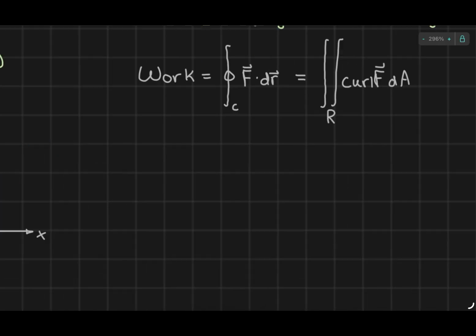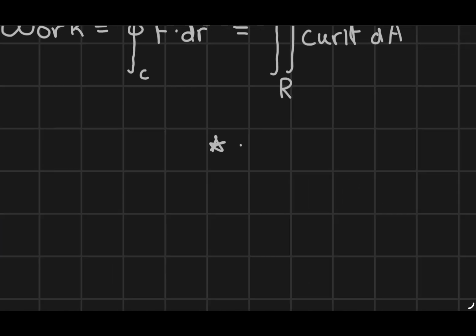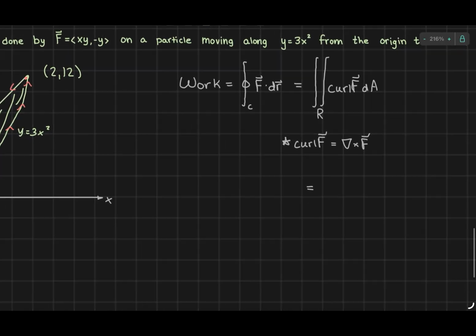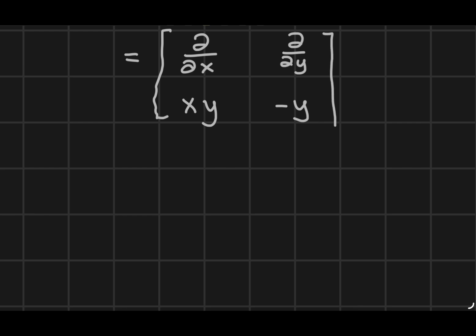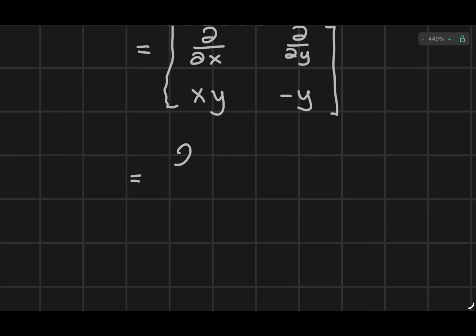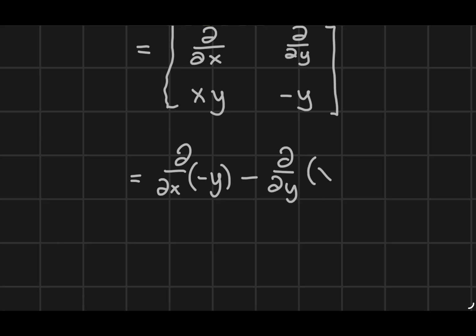Alrighty, so let's go ahead and calculate our curl first. Maybe I can take a shortcut. Curl of F is going to equal the gradient crossed with our vector field. We are given our vector field, it's not split up this time, so we don't have to find it: xy and negative y. On top, we're going to have our gradient, partial with respect to x, partial with respect to y. Make our little determinant, which is going to equal the partial of negative y with respect to x minus the partial of xy with respect to y.